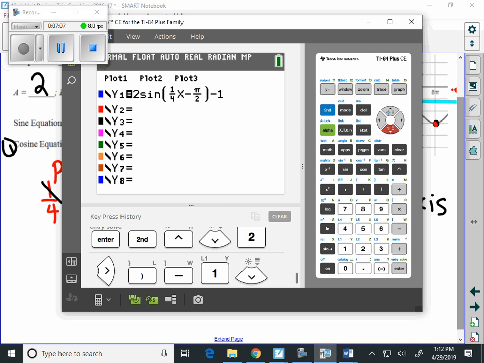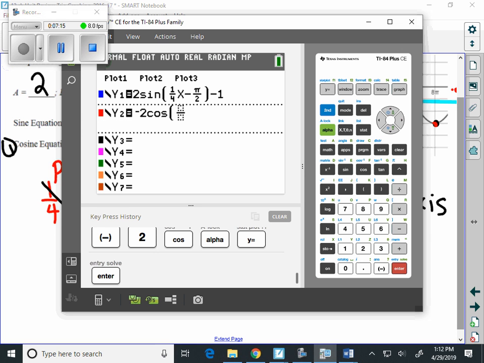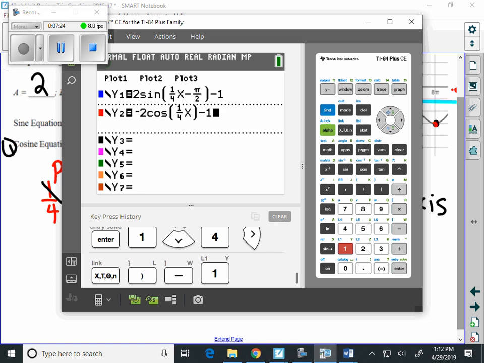And then our cosine function, negative 2 cosine of 1/4 x, close the parentheses, minus 1.